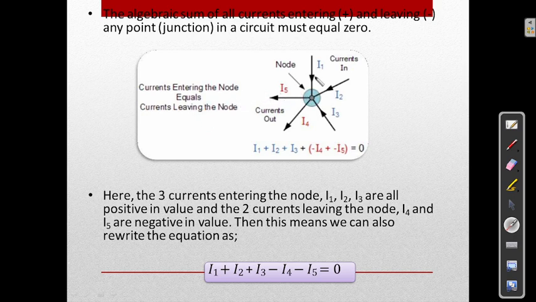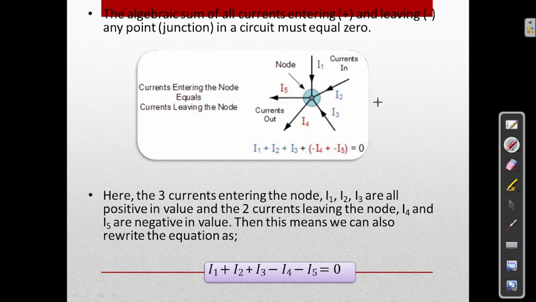Incoming current is equal to outgoing current, right? Here in this node, what are all the incoming currents? I1, see the arrow, is an incoming current, and I2 and I3 are also incoming currents. I4 is an outgoing current, and I5 is also an outgoing current. You can see the arrow mark showing the outgoing current. So how can we write this? As we said, the incoming current is equal to the outgoing current.